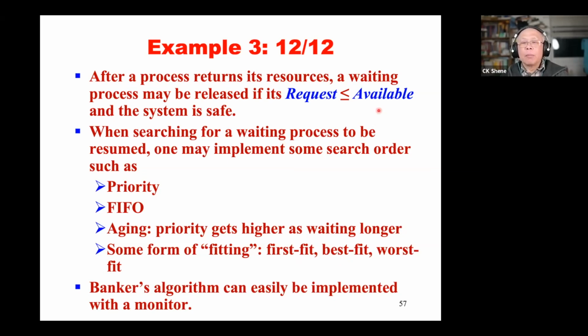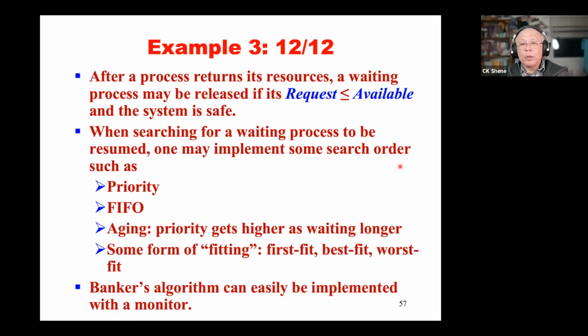For example, suppose the current available is 333, and we have 2 processes waiting whose requests are 111 and 222. So which one of 111 and 222 is closest to 333? Of course, 222. So we release the process whose request is closest to the available.